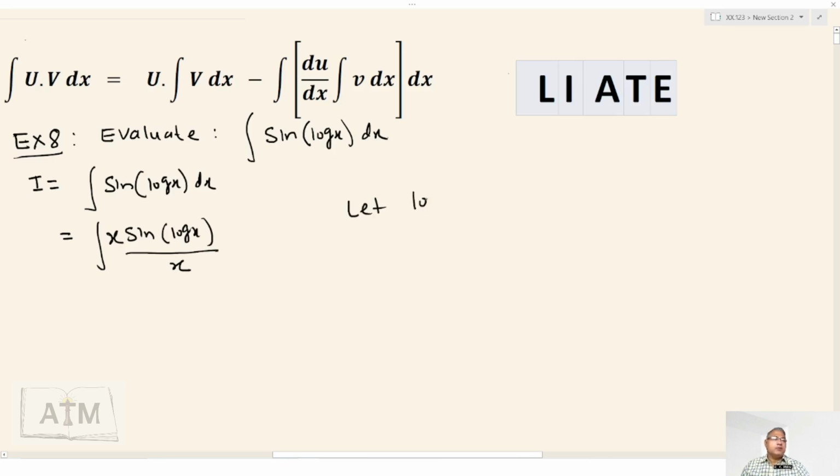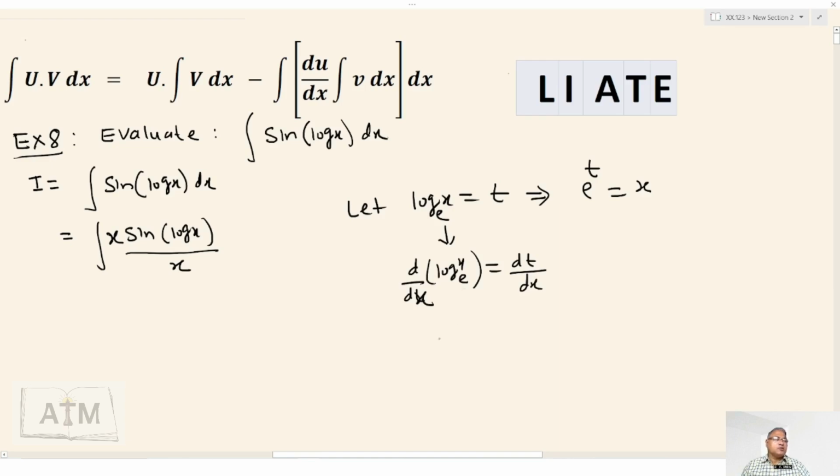Let log x equals t. Here is base e, implies e raised to t equals x. Now we have log x to the base e equals t. Differentiation of log x to the base e with respect to x equals dt by dx. Derivative of log x with base e equals 1 upon x, so 1 upon x dx equals dt.